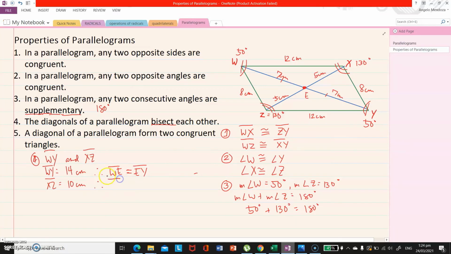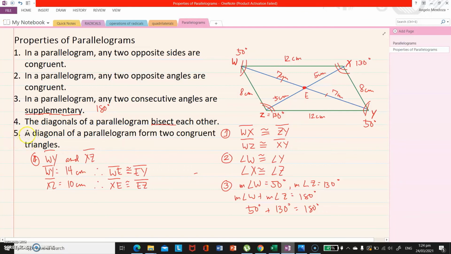Therefore, we can say that line segment XE naman is actually congruent na siya. XE is congruent to line segment EZ because hinati lang natin yung 10. That is 5 and 5. So, that is the property number 4.